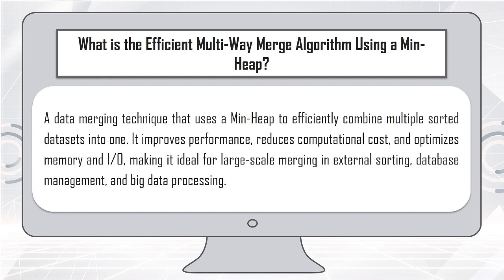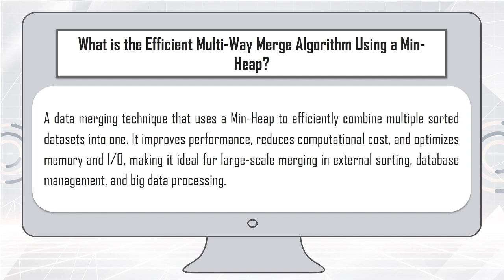A min heap is a special kind of data structure that always keeps the smallest item at the top. So when you're merging, it helps you quickly find the smallest next value across all the sorted files or streams you're working with, without checking every single one manually.